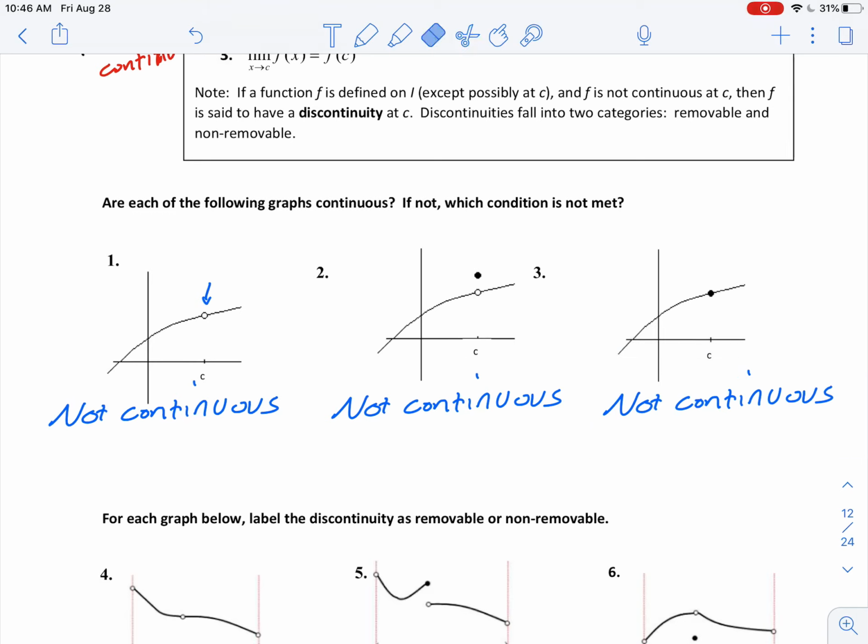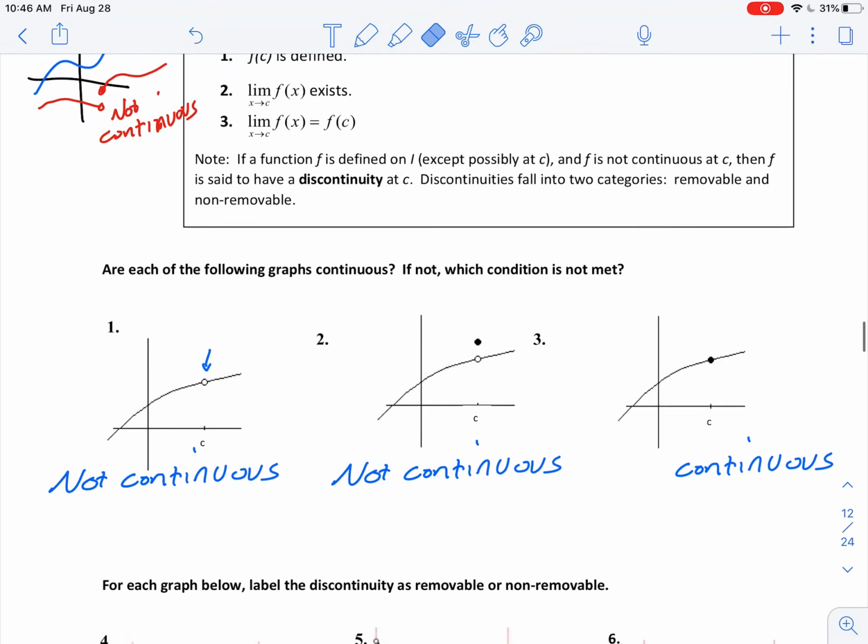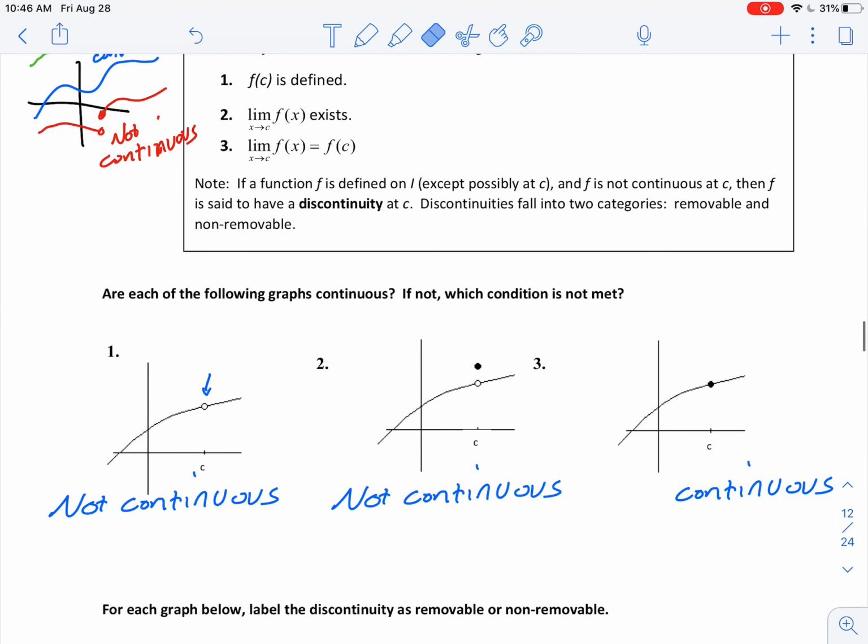So I'm simply going to erase the word not here. Number 3 is continuous. My graph goes along. That point is right on the graph. There's no holes. There's no breaks. So which condition is not met? In the first one, f of C is not defined. I don't have a point at f of C. In the second one, f of C is defined, however, the point is not on the graph.